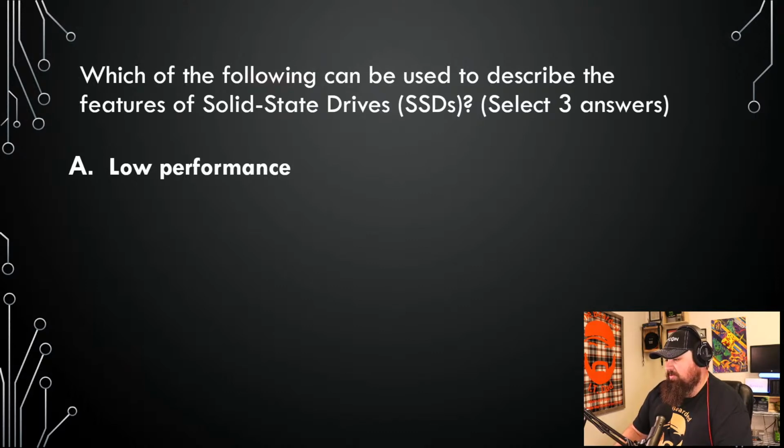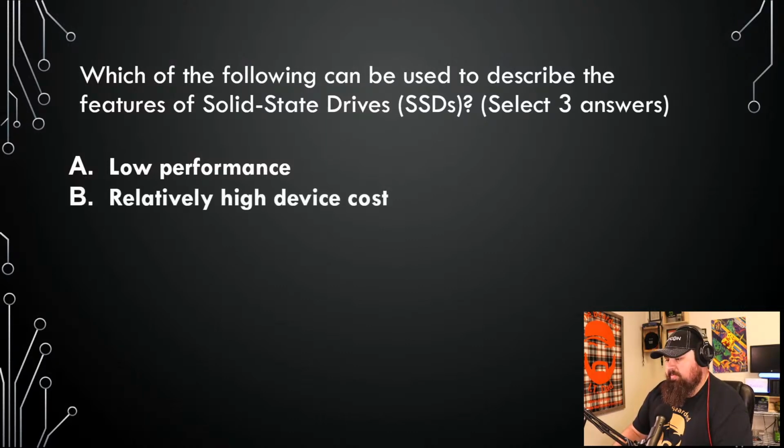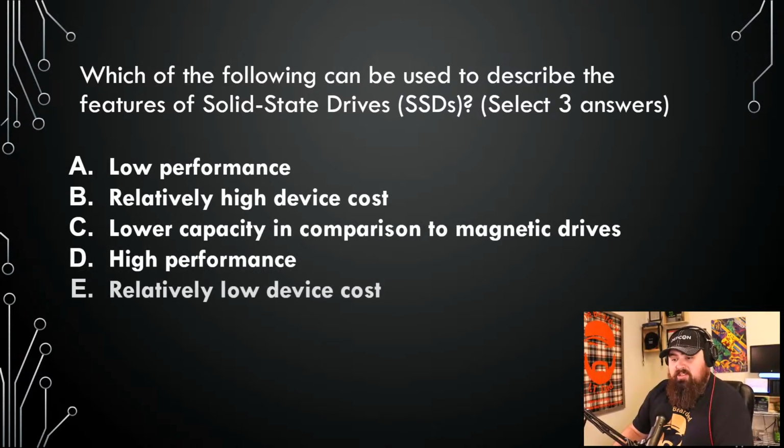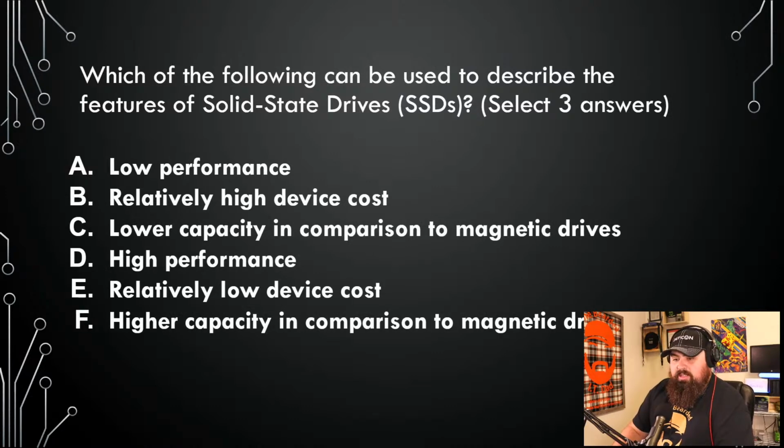Sorry, I apologize. Okay, which of the following can be used to describe the features of a solid state drive? A, low performance, B, relatively high device cost, C, lower capacity in comparison to magnetic drives, D, higher performance, E, relatively low cost, F, higher capacity in comparison to magnetic drives, or G, SSDs are lame.